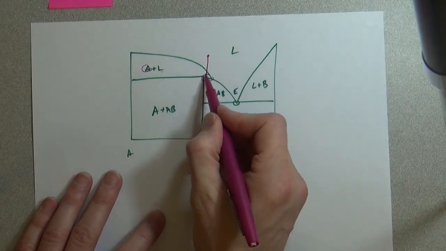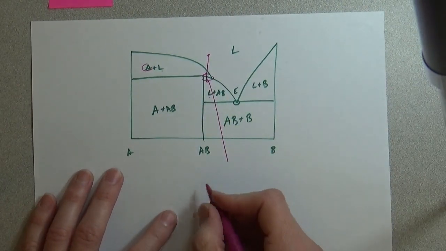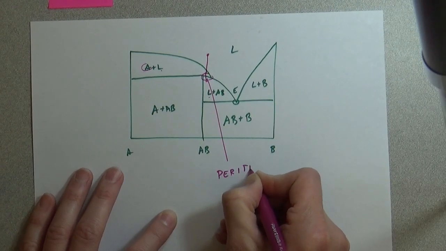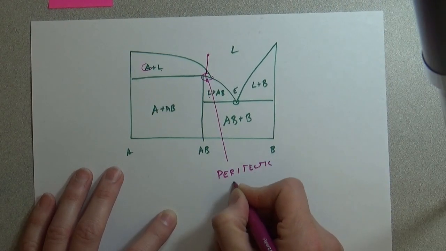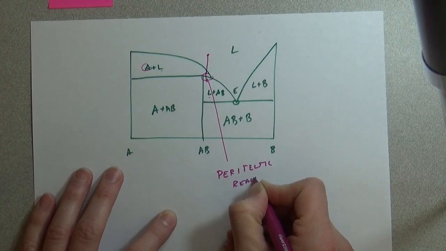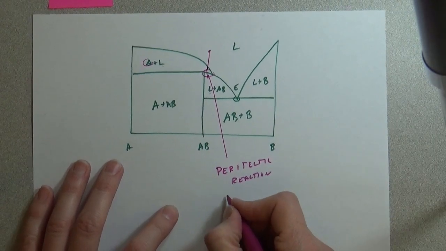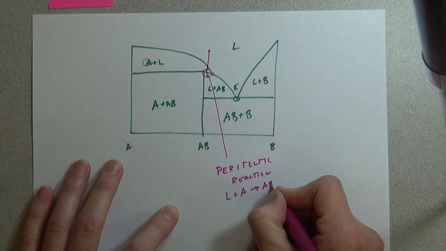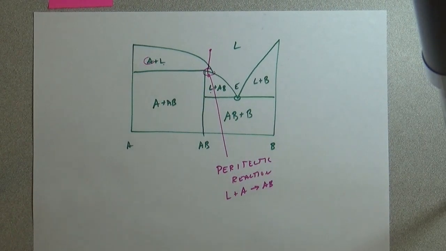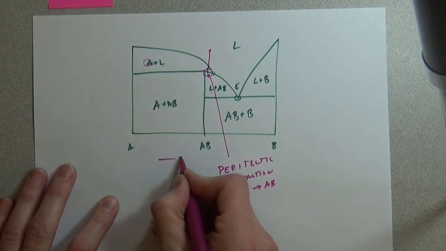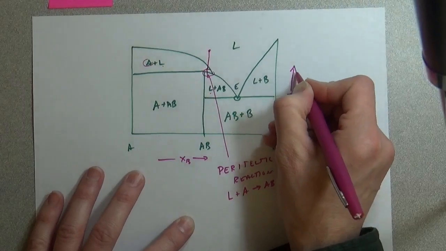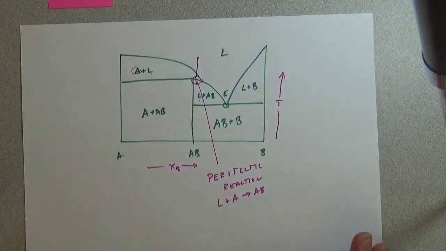And what's happening there is called a peritectic reaction. L plus A going to AB there. So again, this is B and temperature. And that's a peritectic phase diagram.